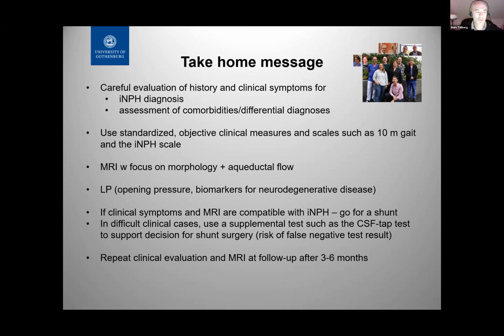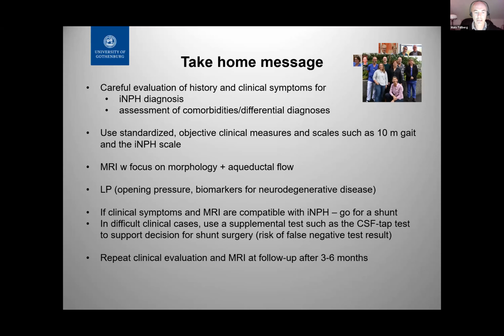You should use MRI with a focus, at least for now, on morphology and aqueductal flow. The LP for measurement of the opening pressure and also biomarkers for neurodegenerative disease. And if clinical symptoms and MRI are compatible with INPH, you could go for a shunt.